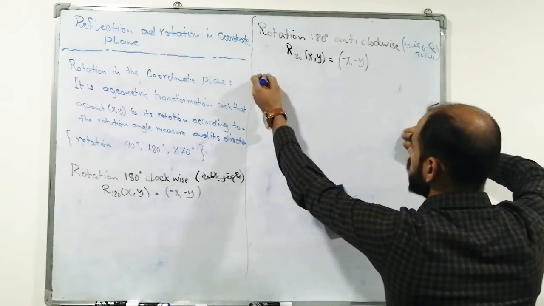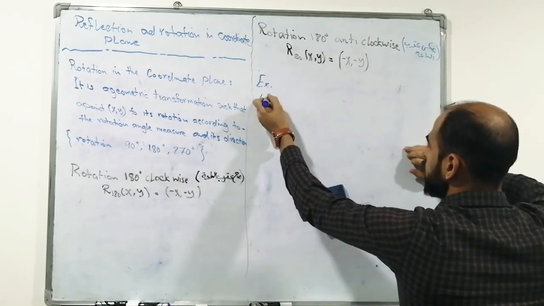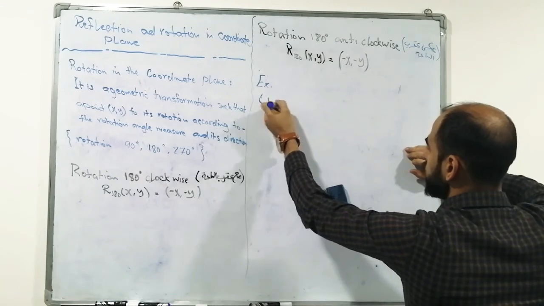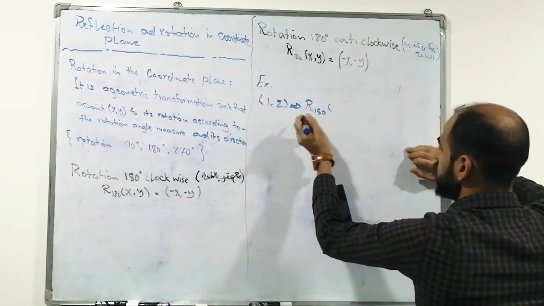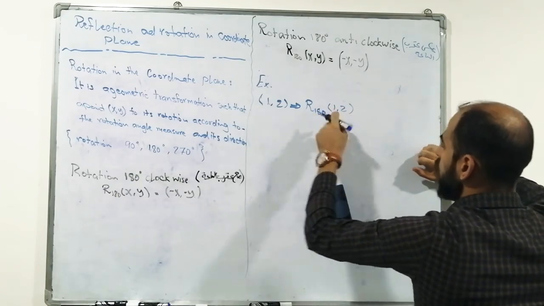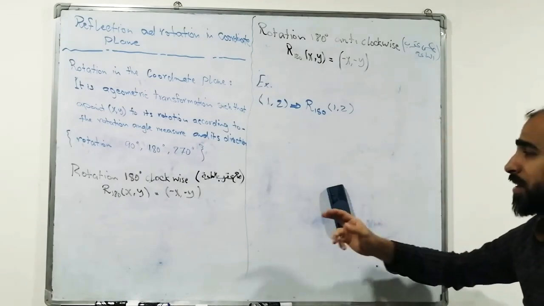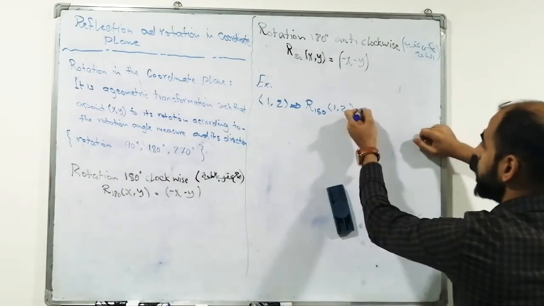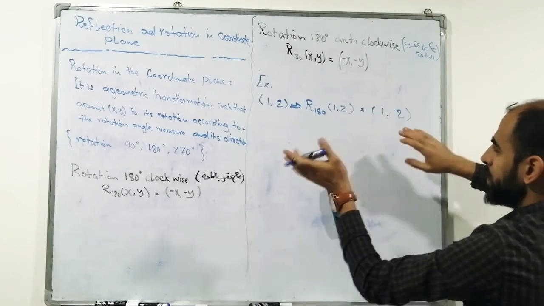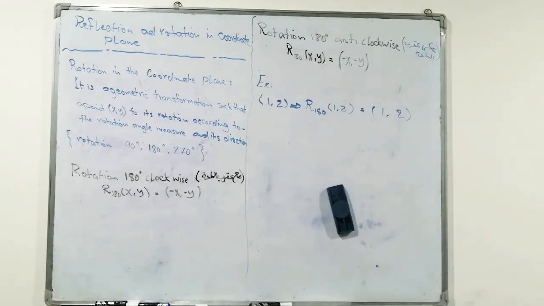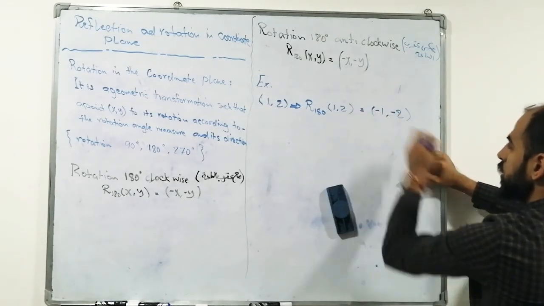That means for a point 1, 2, rotation 180 for this point anti-clockwise or clockwise has the same rule. We don't have to change x instead of y or y instead of x. x and y stay in themselves, but we have to change the sign of x and y.